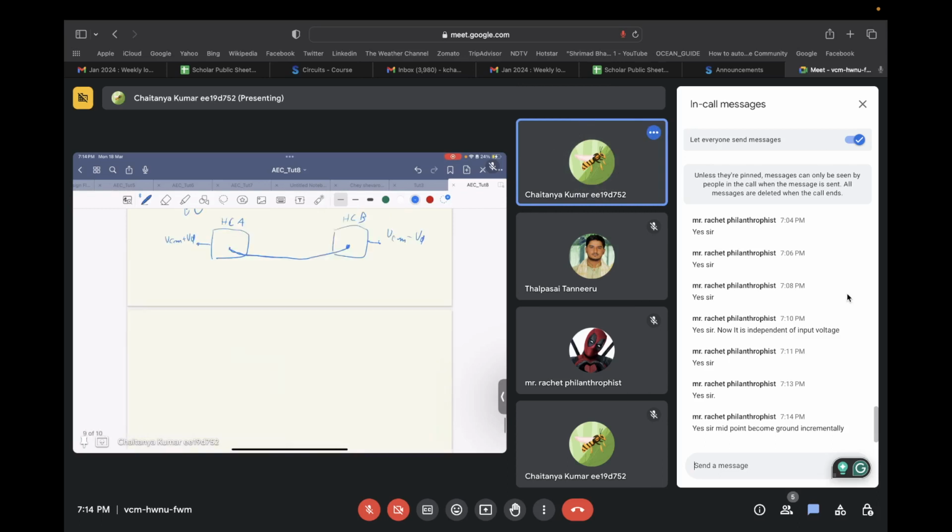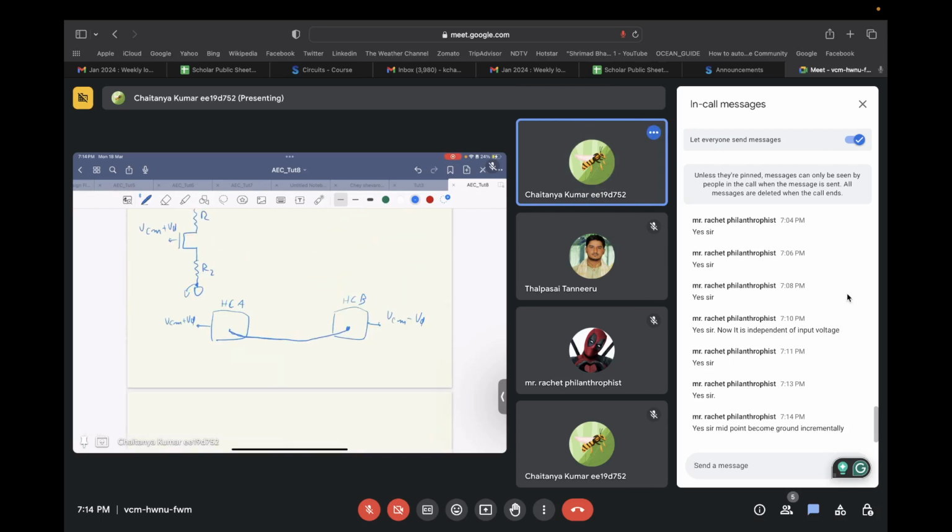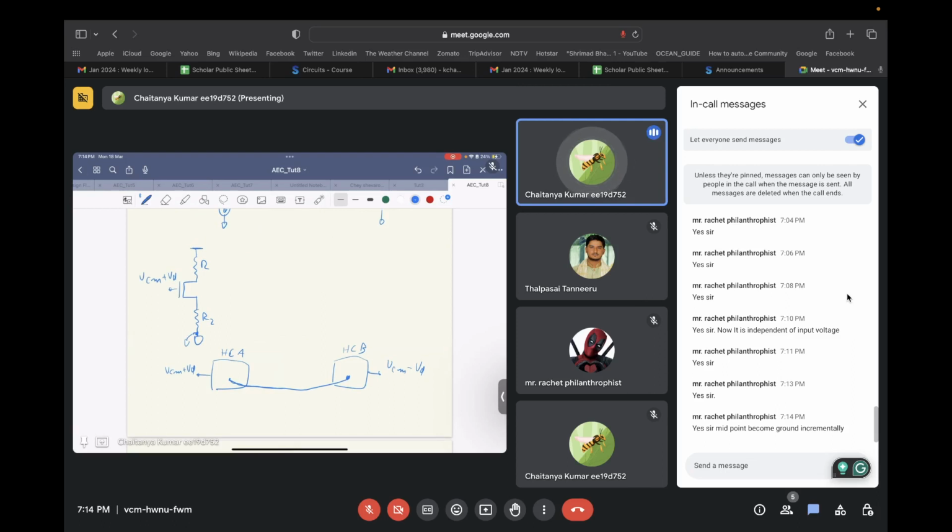So basically we will try to achieve this ground present in the circuit by doing this.